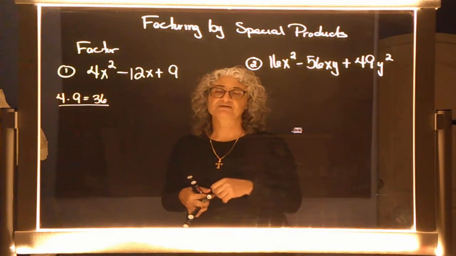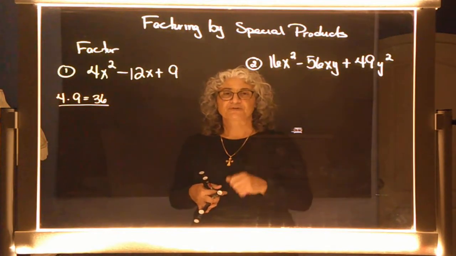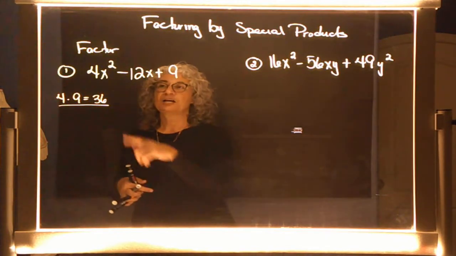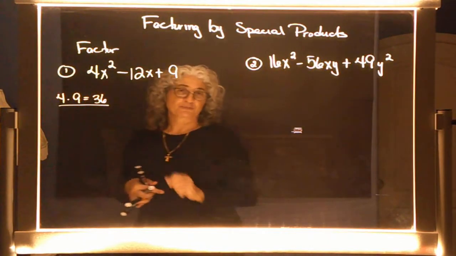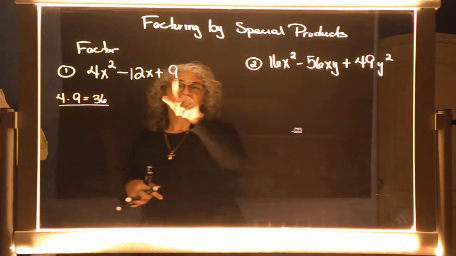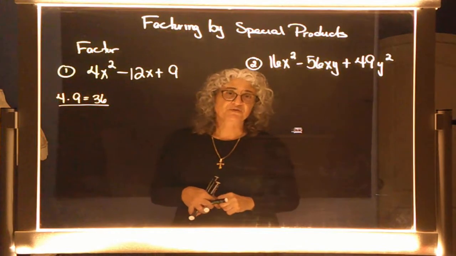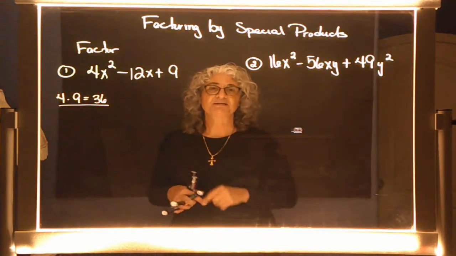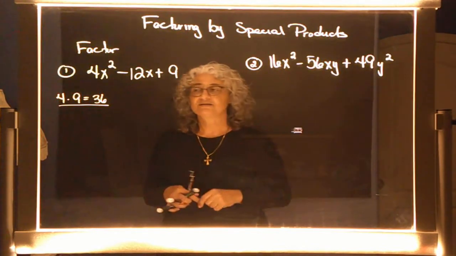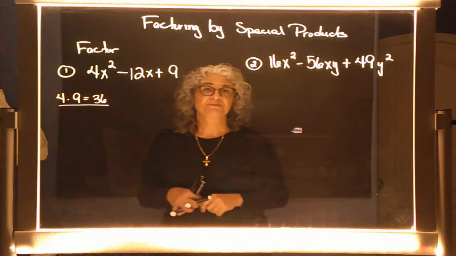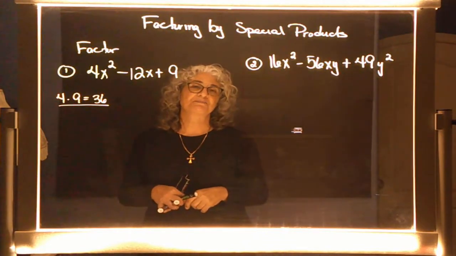So, paper and pencil ready? The observation is this. The first number was a perfect square. The last number was a perfect square. And when you multiplied those together, you got a perfect square. The observation is this.